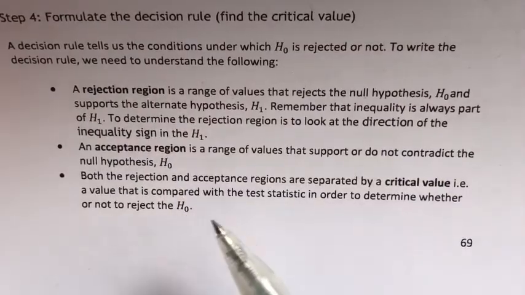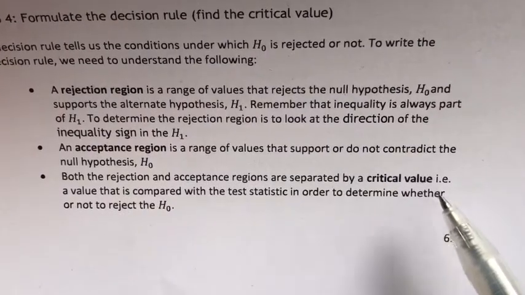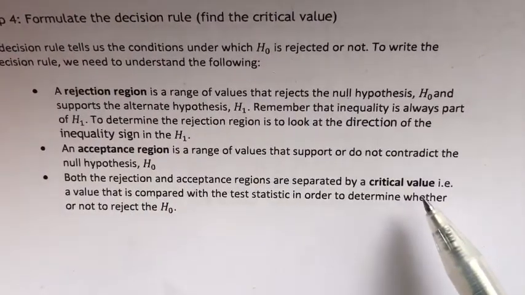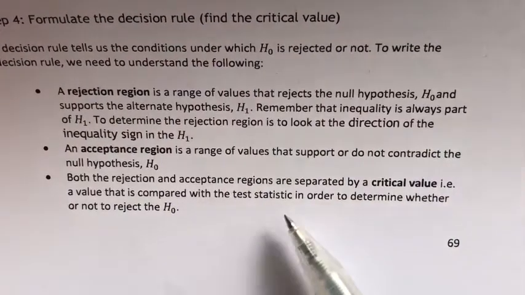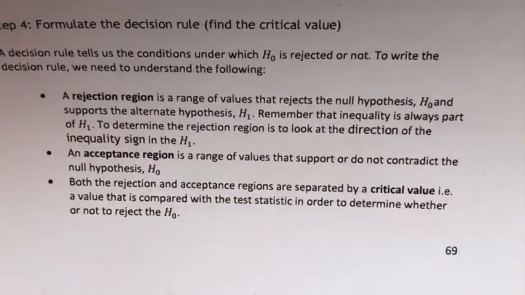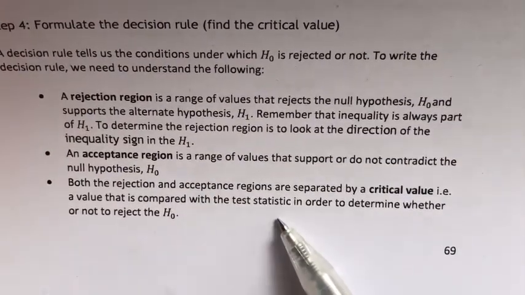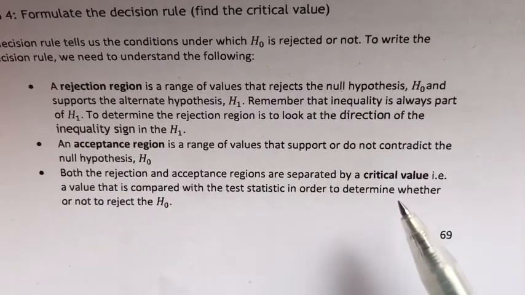Both the rejection and acceptance areas are separated by what we call the critical value. Okay, so this critical value is basically a value that we compare against the test statistic that we calculated earlier in step 3. In other words, if our test statistic follows the Z distribution, our critical value will also follow the Z distribution.